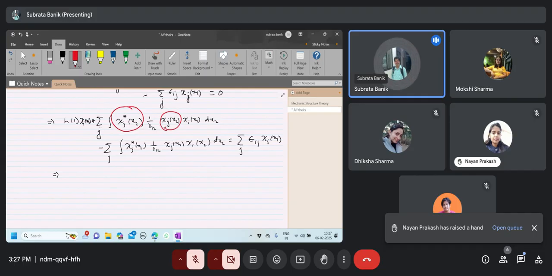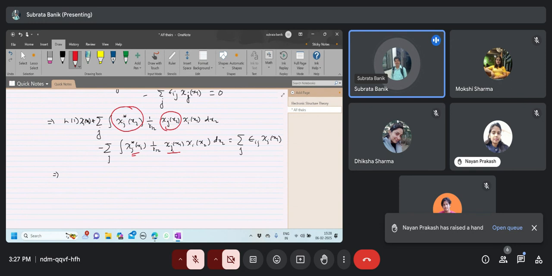In the second one, you see the left side is this, and on the right side I don't know what that is. On the left side, electron 2 is in orbital J. On the right side, electron 2 moves to orbital I. So we don't know what that is. This is called the exchange term.